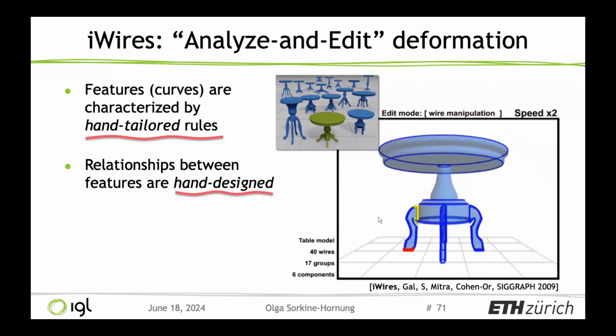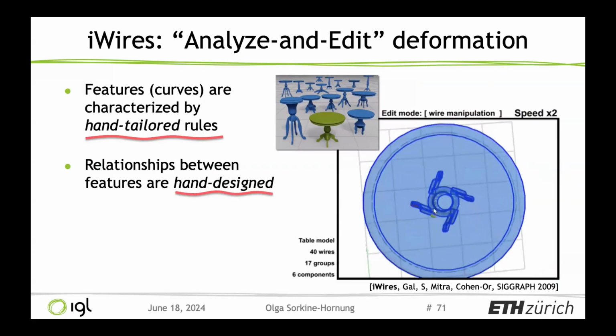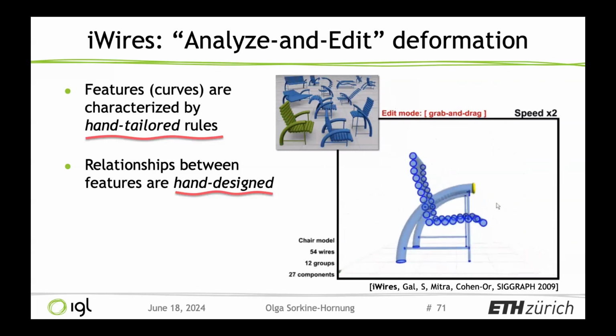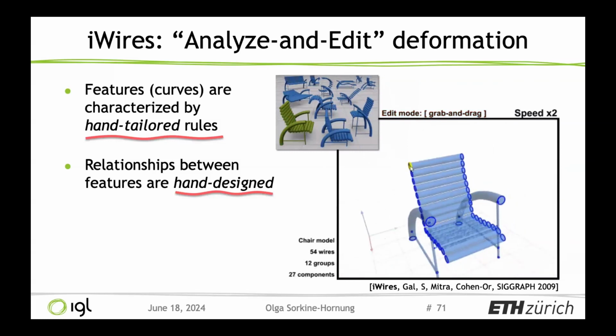Yeah, the things that were parallel should stay parallel, things that were perpendicular should stay perpendicular, and so on. So this was a lot of work just to define all these rules and relationships between features, and it's all made by hand.